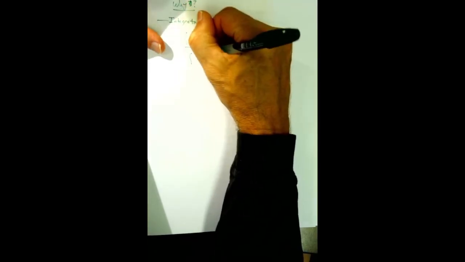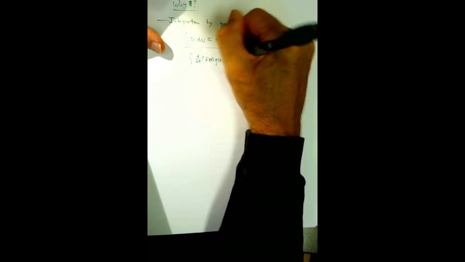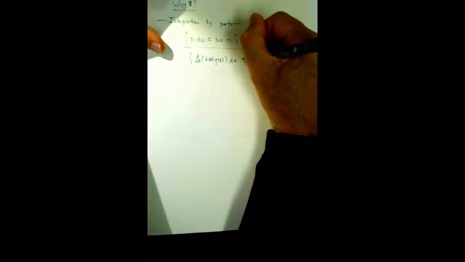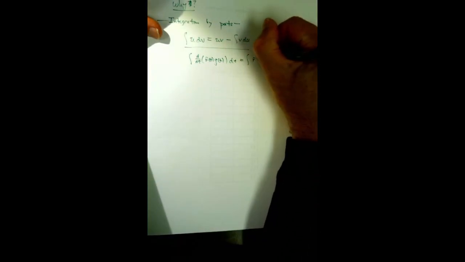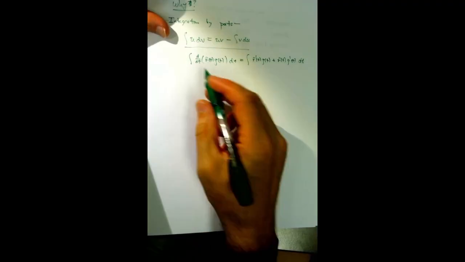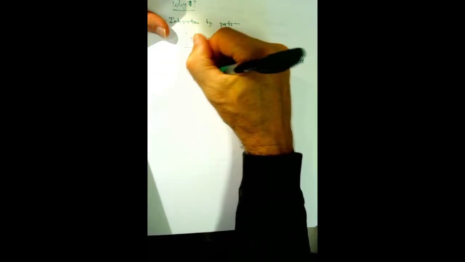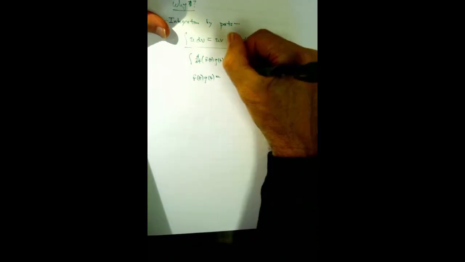Integration by parts is, you notice that the derivative of f times g is f prime times g plus f times g prime. So the thing on the left must be equal to the thing on the right. But the integral of the derivative of something is just the something. And I can break this into two different integrals.